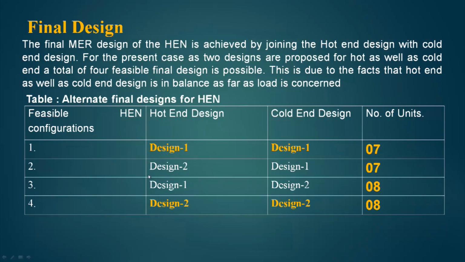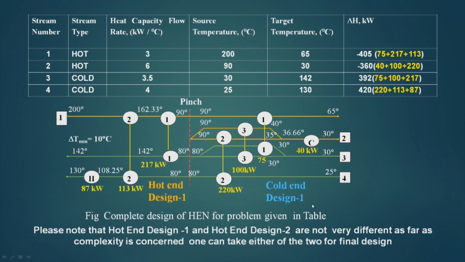When I take hot end design 1 and cold end design 2, the number of units is 8, and when I take design 2 of the hot end and design 2 of the cold end, the number of units is 8. So, as far as number of units is concerned, these 2 feasible configurations, which give 7 units, are better.